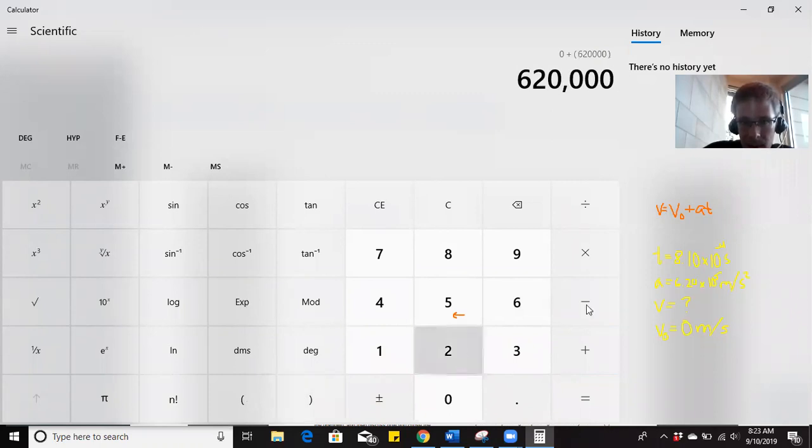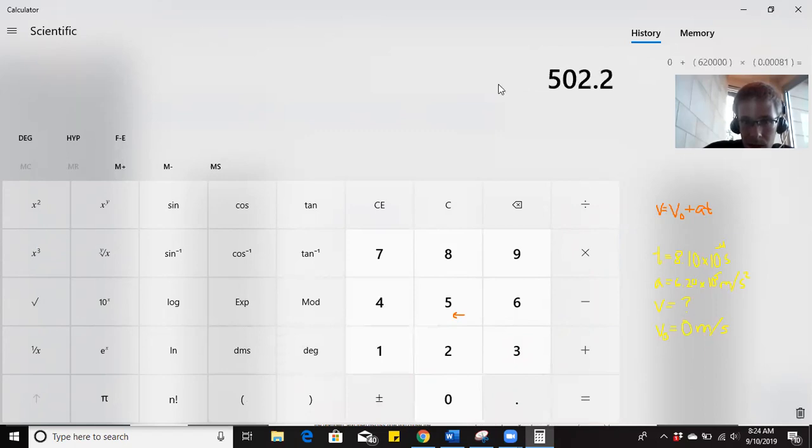And in my equation, I'm multiplying a by t, so I'm going to hit times, and I'm going to put my time value in here now, which was 8.10 times 10 to the negative 4th, close parentheses.